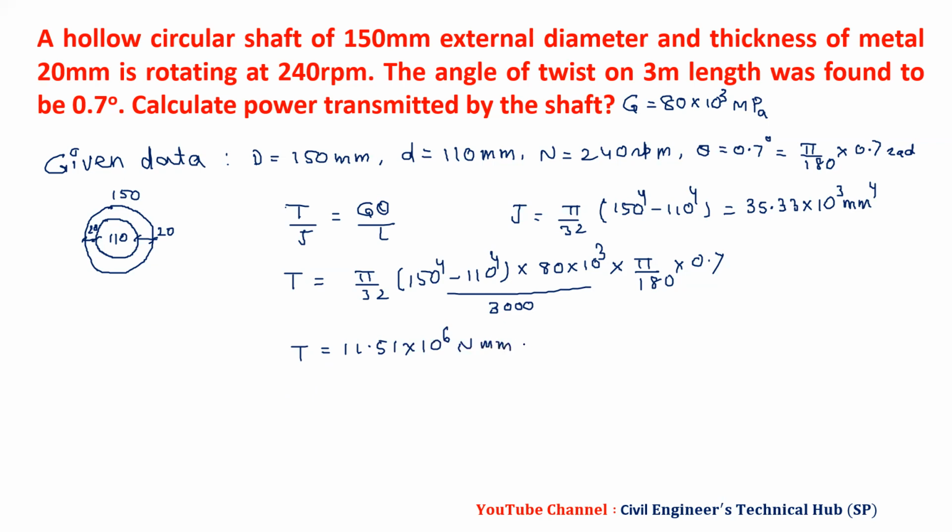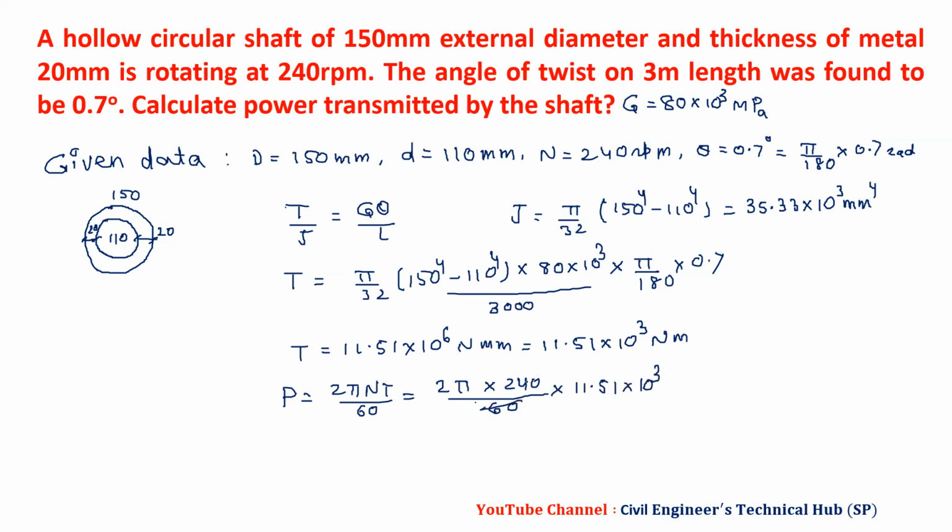Convert it into Newton meter because we have to find power, and in power the value of T is always in Newton meter. And then we have P is equal to 2 pi N T upon 60, and that is equal to 2 pi into 240 upon 60, and T we have 11.51 into 10 raised to 3.